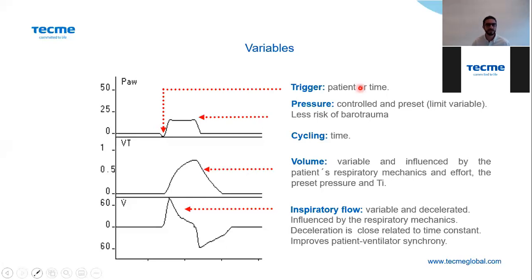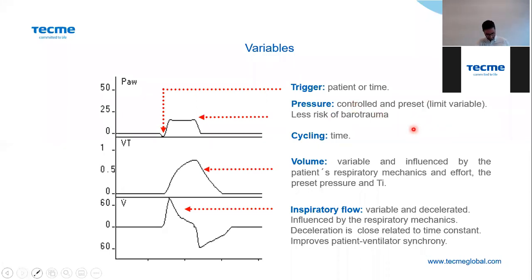Let's talk about the different variables. In this ventilatory mode, the trigger can be done by the patient, this is assist, or by time, this is the control part. Then the pressure here is controlled and preset.